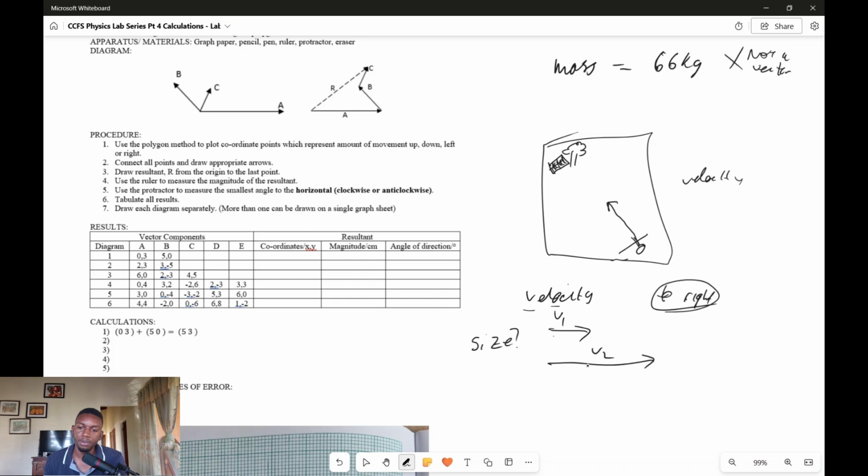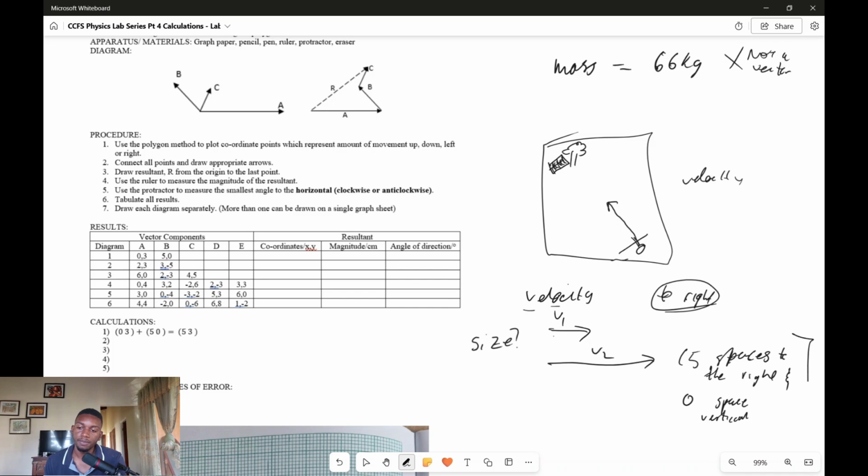So for this example, vector number 2 might be, let me just say, 5 steps or 5 spaces to the right. Is it going up and down anywhere? No, it's not. So 0 spaces vertically.